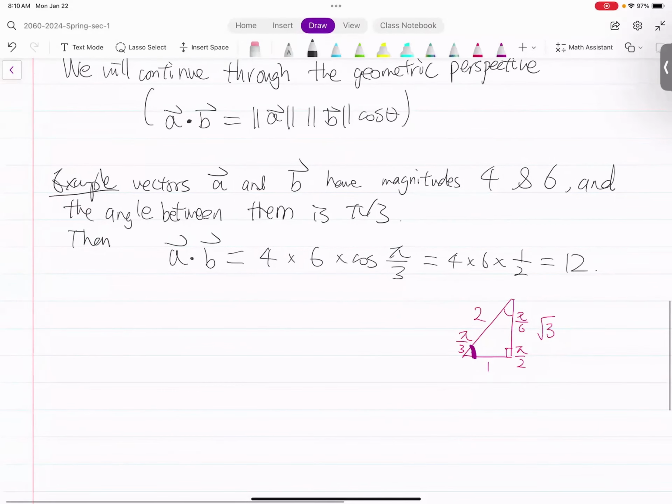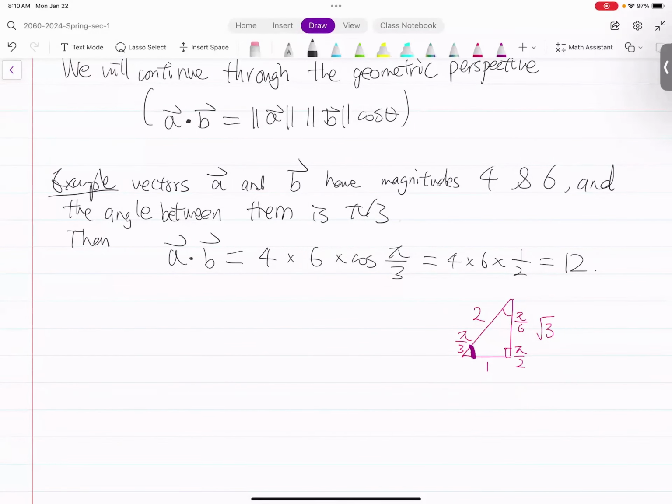Okay, so now geometric properties of the dot products. So basically, we'll give the formulas, but then we just argue they're true by doing the geometric perspective.